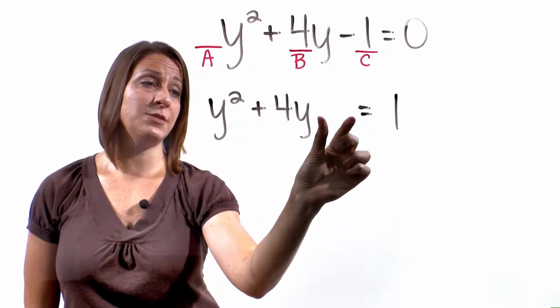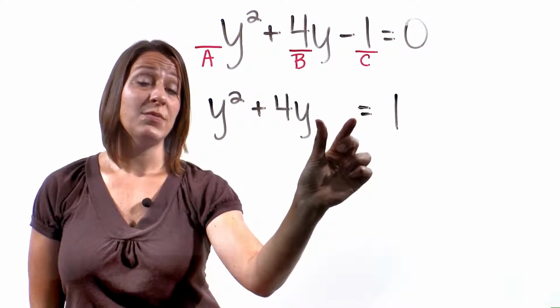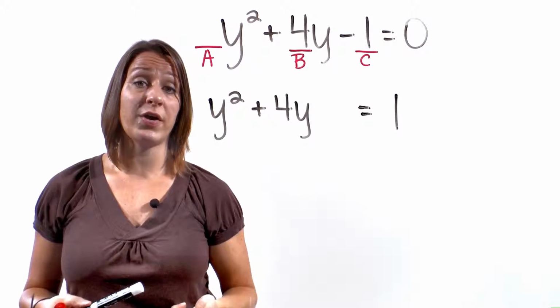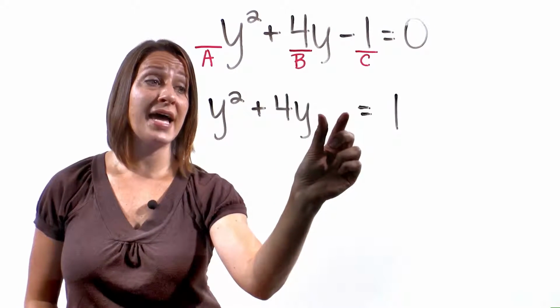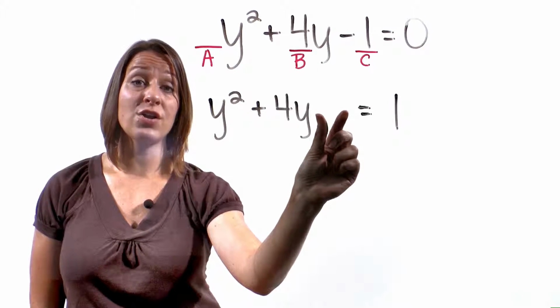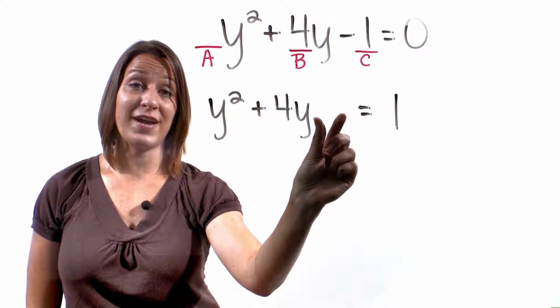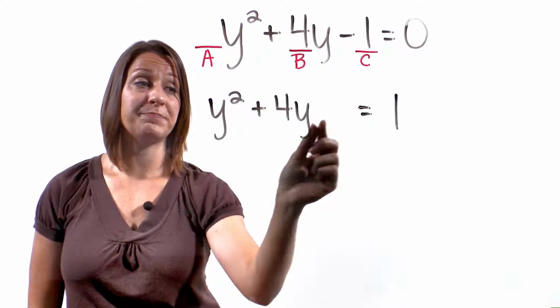Notice I left a space between the 4y and the equal sign because we're about to complete the square. That means we're going to add another number to this trinomial so that it becomes a perfect square trinomial, which would make it much easier to factor and solve this problem.